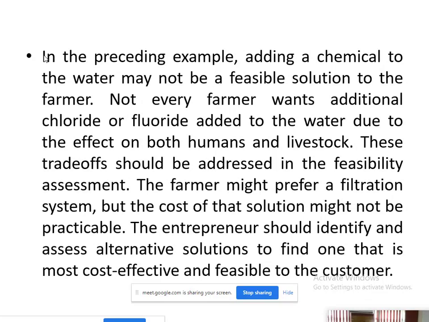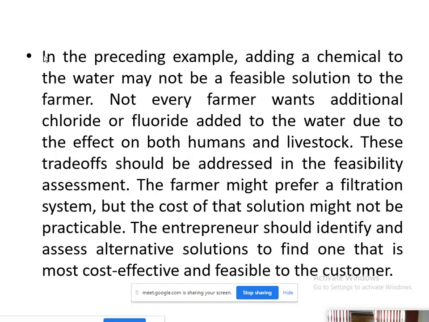Not every farmer wants additional chloride or fluoride added to the water due to the effect on both humans and livestock. This trade-off should be addressed in the feasibility assessment. So what I told you, that we should have a feasibility assessment to point out the problems.